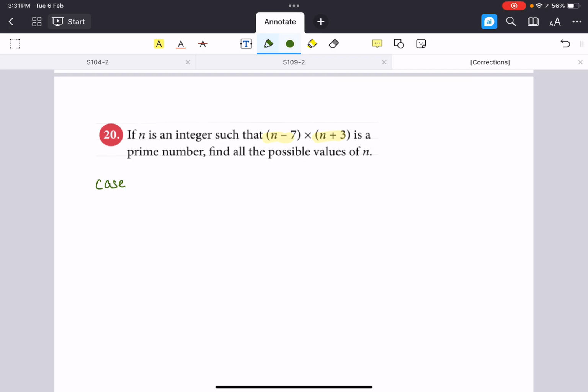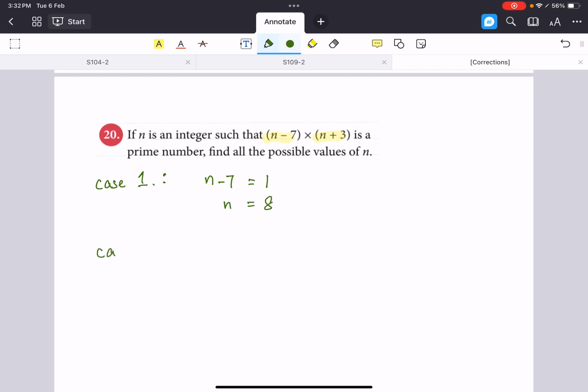Case 1 is what happens if one of the factors is 1. So in case 1, n minus 7, which is the smaller of the two if they are both positive, is equal to 1, so n equals 8.